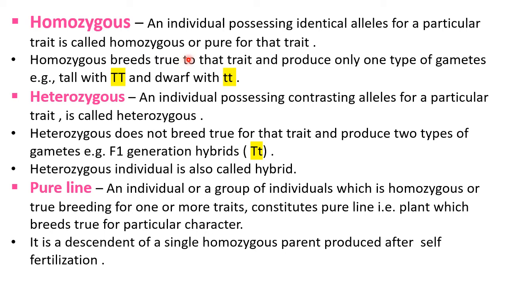Homozygous produces only one type of gametes. For example, here we see that the tall pea plant produces gametes of only one type. Tall pea plant is represented by capital T and capital T. Then the dwarf pea plant is represented by small t and small t.